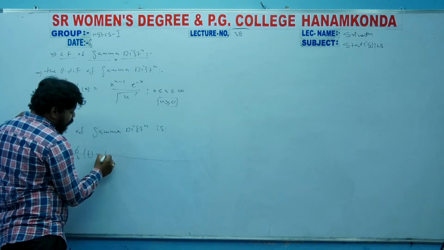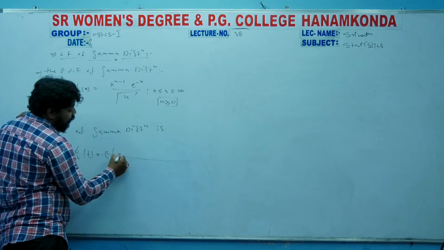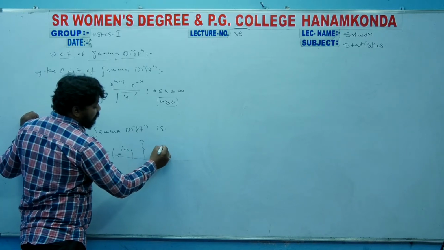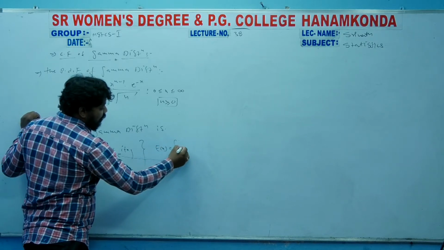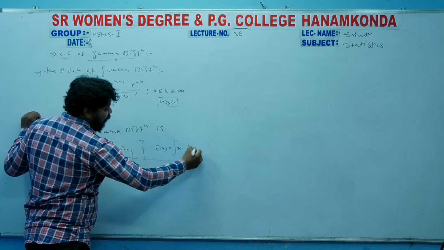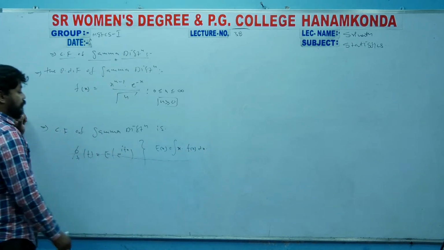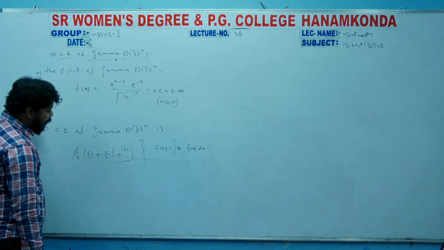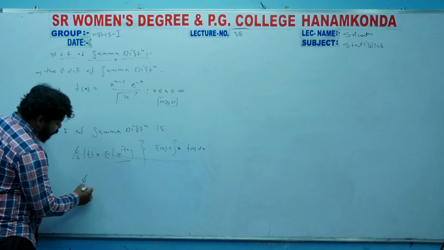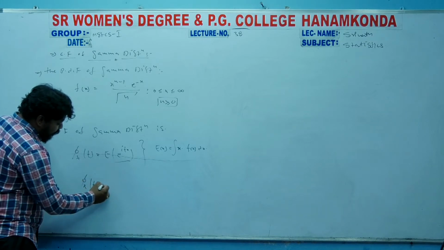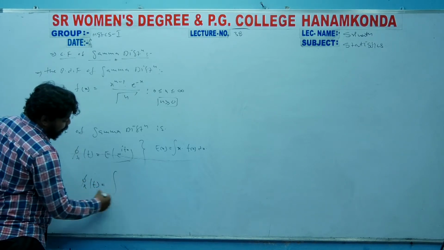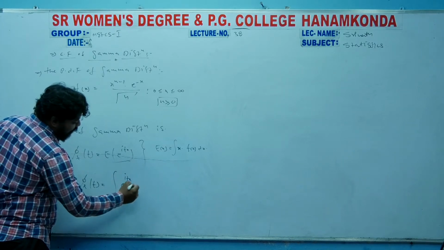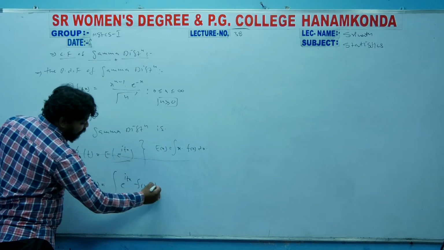Phi x of t is equal to expectation of e power itx, like expectation of x is equal to integration x into f of x dx. So here, since e power itx is there, we can write phi x of t is equal to integration e power itx into f of x dx.